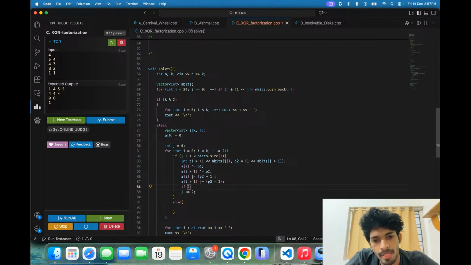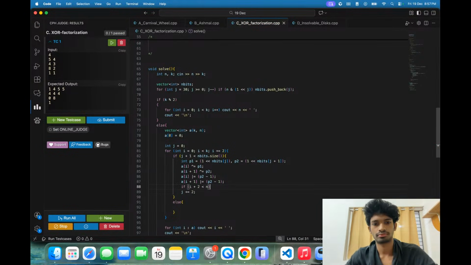if i plus 2 less than n, okay, less than k, we have to make and equals p2.